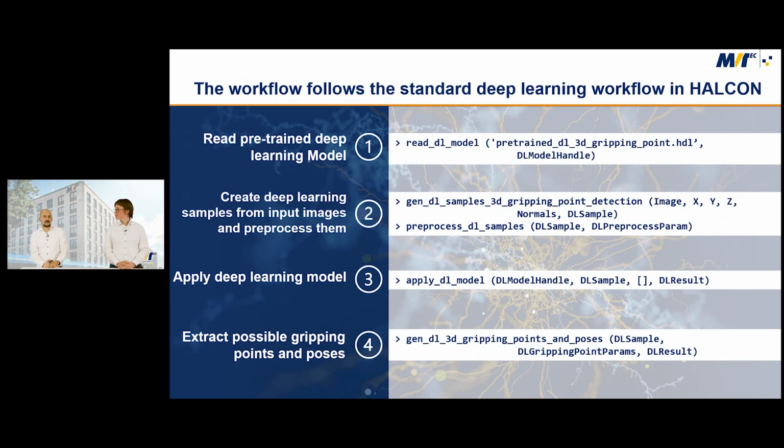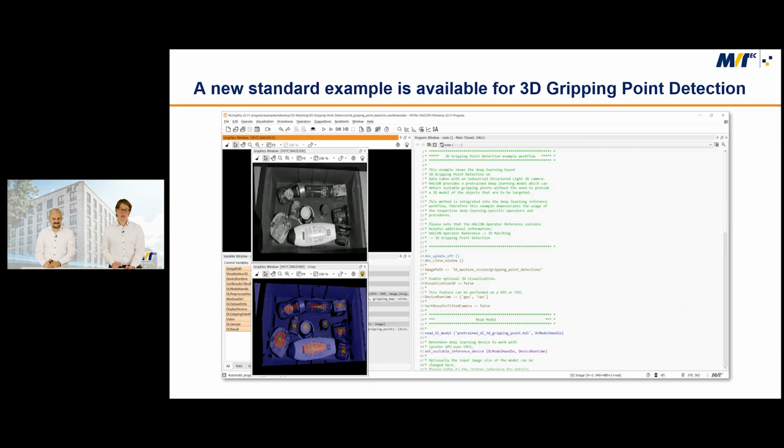There's no need to buy the deep learning license for this kind of feature. And because we don't expect you to remember all this by hearing it one time in the webinar, we will also provide you with a standard example featuring the workflow for 3D gripping point detection, which you can then use to jumpstart your applications.